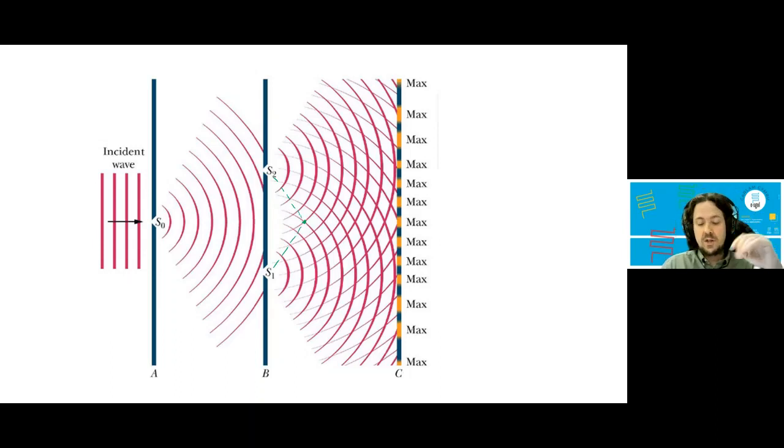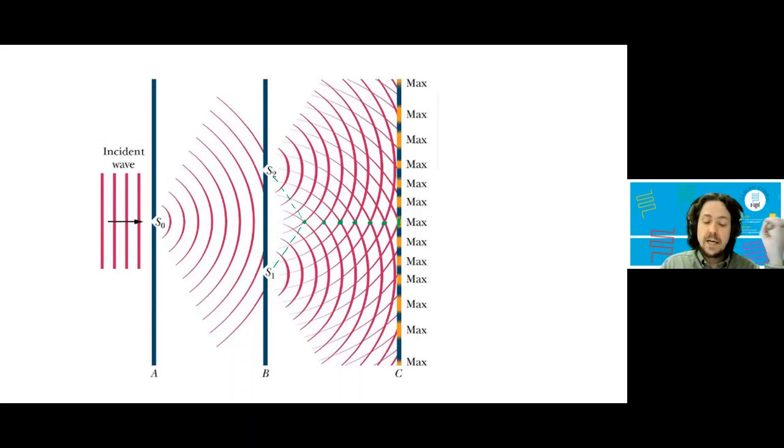And because the two peaks meet each other, as indicated by the lines, we're going to get constructive interference. But we also get constructive interference here, here, here, here, here. And this is why we get this bright patch, or this bright fringe, we call it, on a screen.